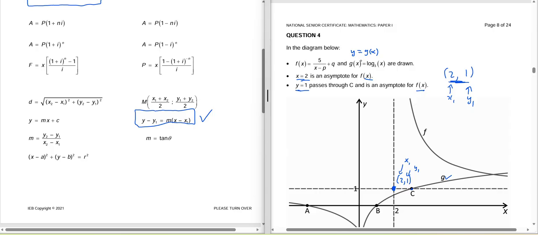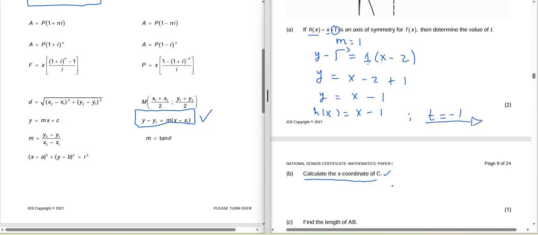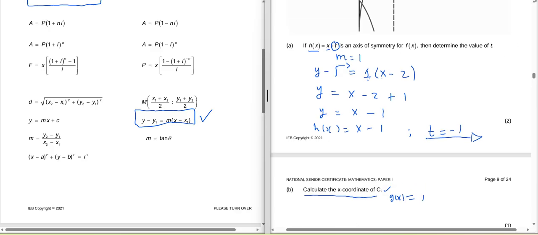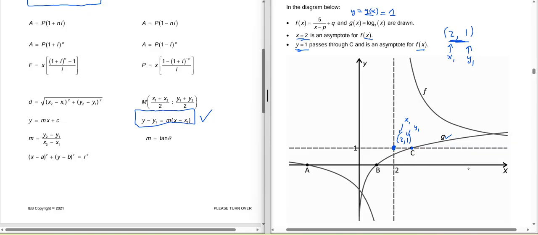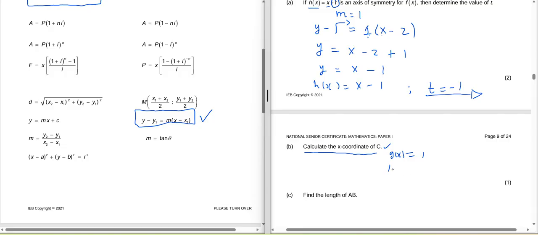Now, what that means is that to find the intersection point, we know that y equals 1 at the intersection point. So what we are saying is we want to solve g of x equals 1. That is to get the coordinates of C. With g of x equals 1, we are saying log base 3 of x equals 1.